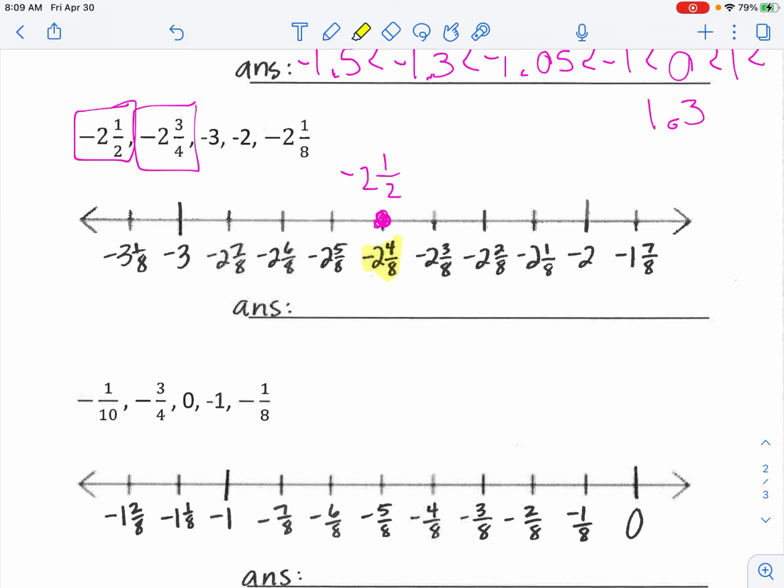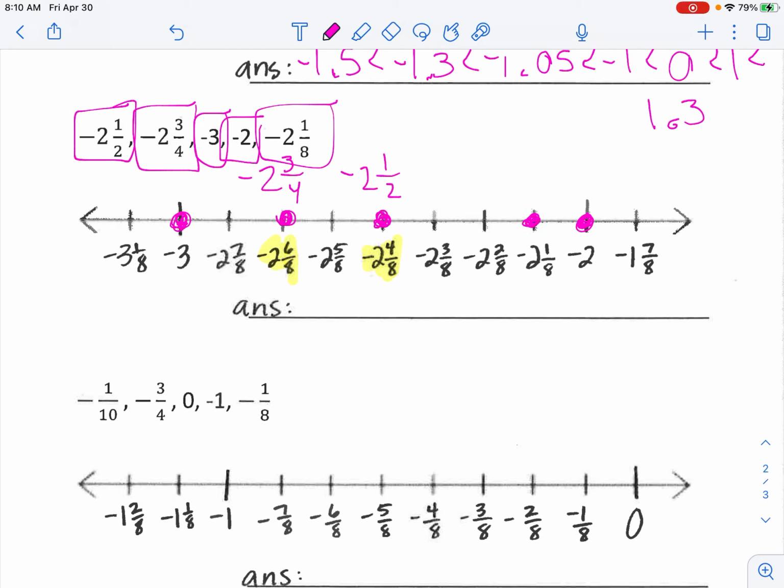Again, I'm looking for a fraction that would reduce to 3/4, and I see 6/8 right here. So above that, I'm going to write negative 2 3/4. My second point is here. Negative 3 is clearly marked right here. Negative 2 is way down to the right. Negative 2 1/8 is just to the left of negative 2.